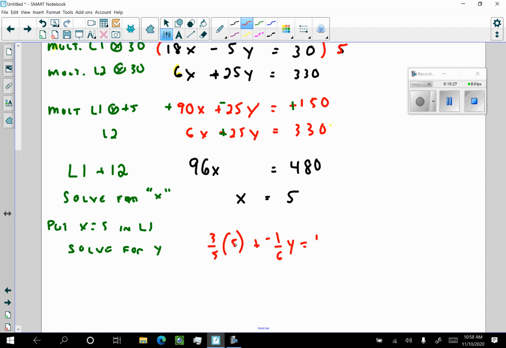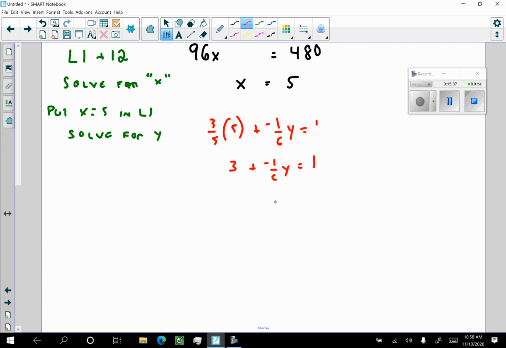The 5s will cancel. I have 3 plus negative 1/6 y is equal to 1. Subtract 3 from both sides, and I get negative 1/6 y is equal to negative 2. Multiply both sides by negative 6, and I get y is equal to 12.